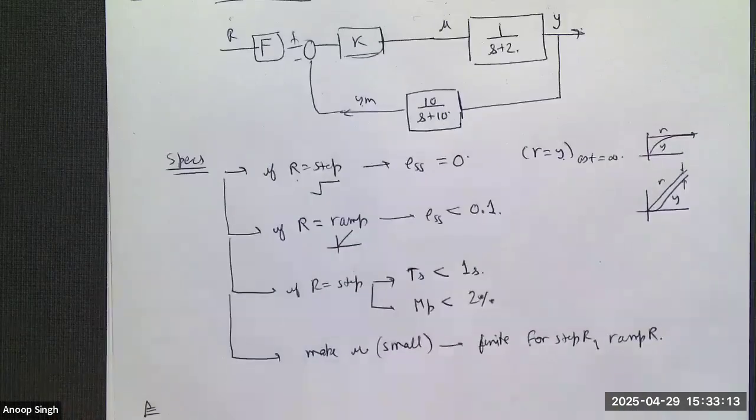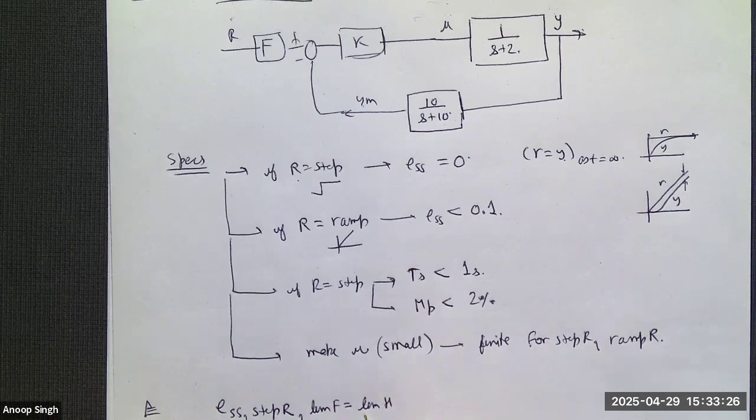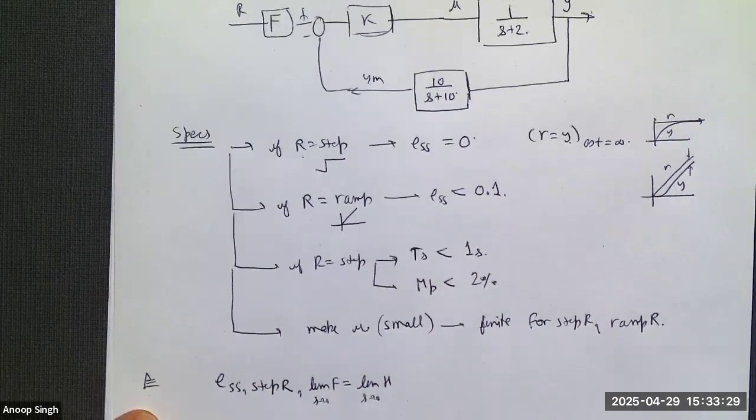First, the error in steady state, you do a step input. So error in steady state for a step reference command. The condition was that the limit of pre-filter should be same as limit of H. This is limit s goes to 0, also known as DC gain.